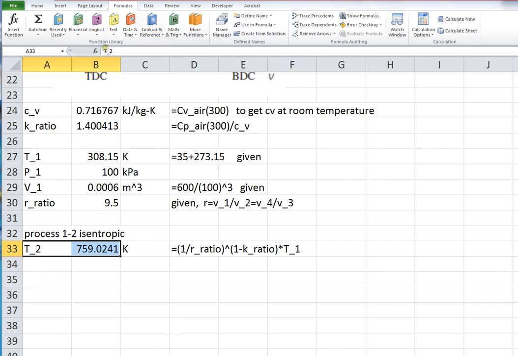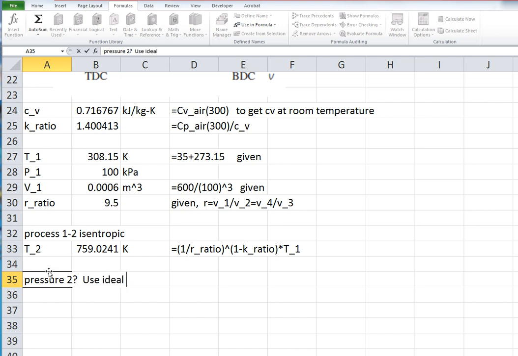We could find V2 if we needed to. I'm not sure if we do. Let's see what we can figure out about. Yeah, we need to find all the pressures. So what about the pressure 2? Let's use our ideal gas law.